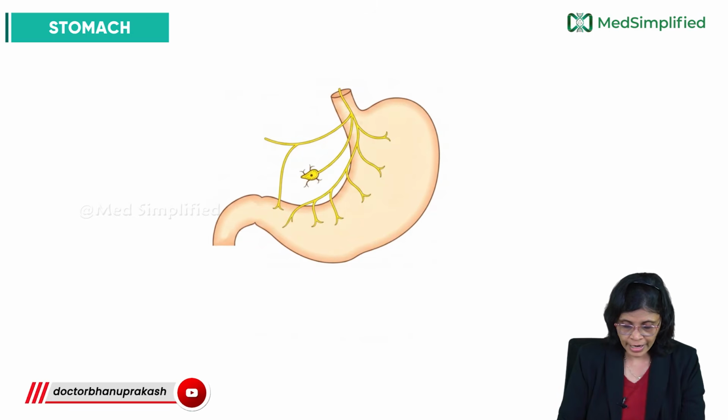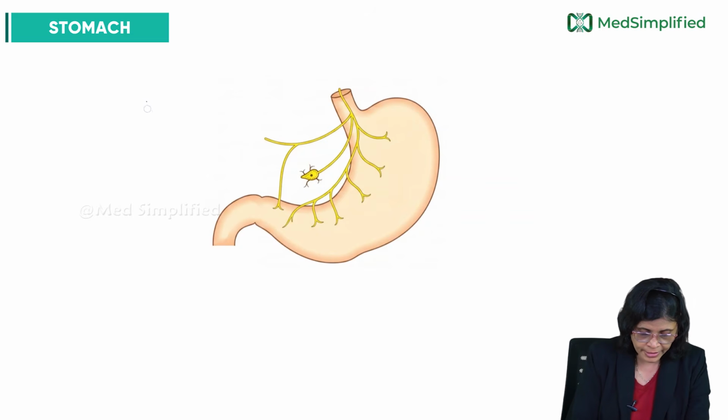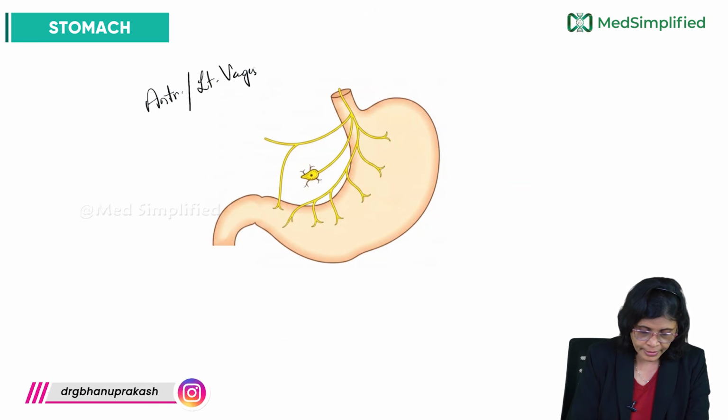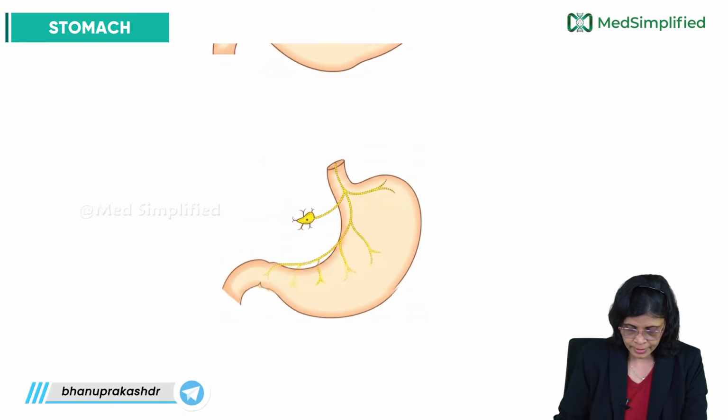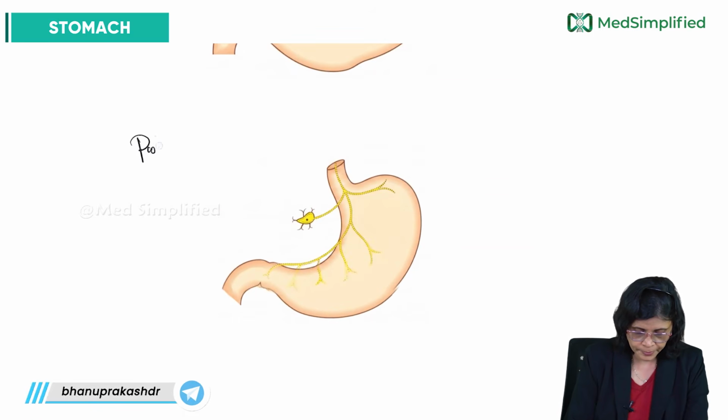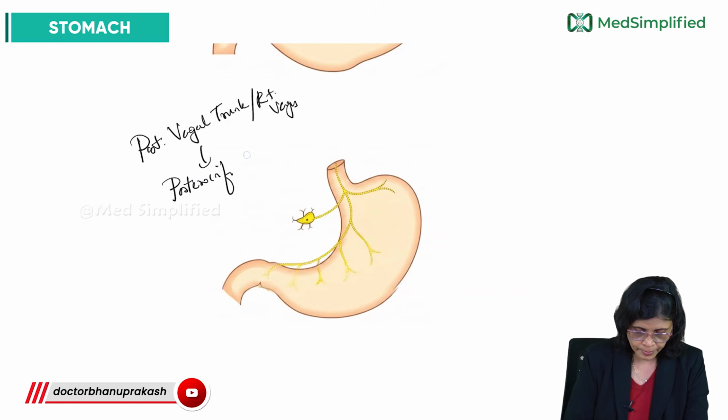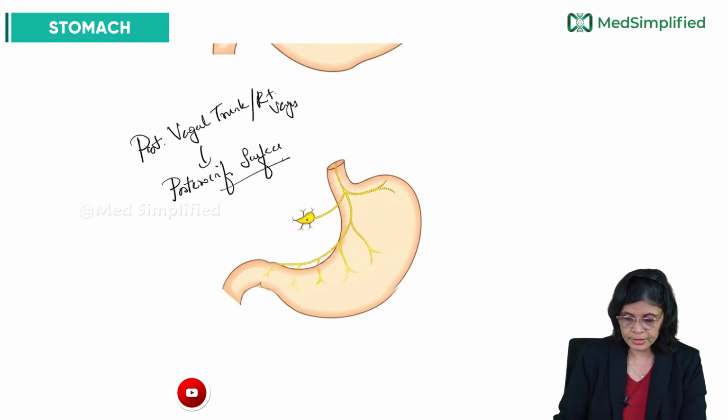So the anterior vagal trunk, which is the left vagus, will be supplying the anterosuperior surface, and the posterior vagal trunk, the right vagus, supplies the posteroinferior surface of the stomach.